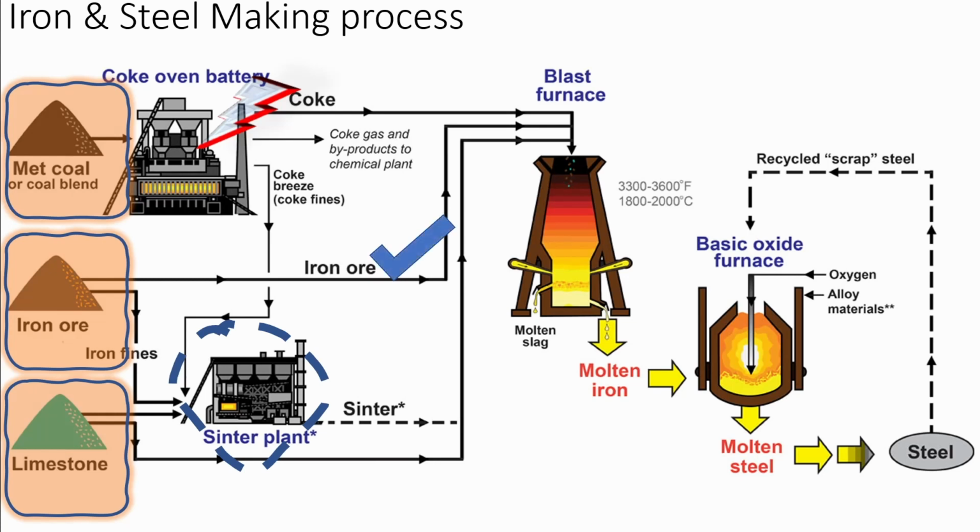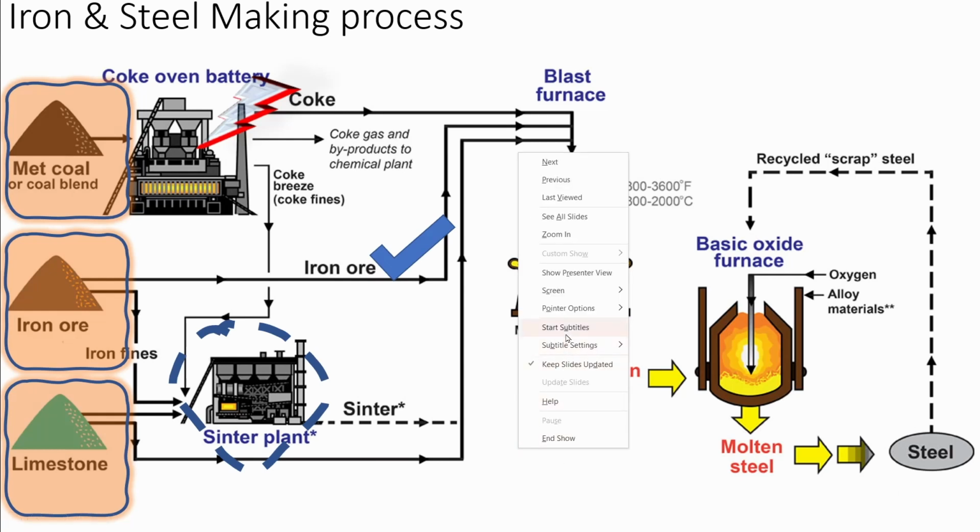And what is that? I will come back to it later. Then some of the high grade quality iron ores are used directly in the blast furnace, and some of the ores, like I talked about, need some kind of refinement, so they go through a process of fine grading and a sintering plant, and from there they are fed into the blast furnace.